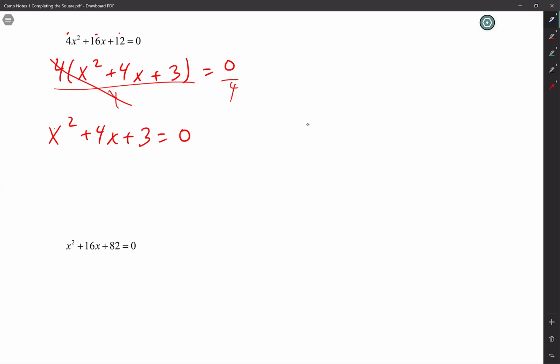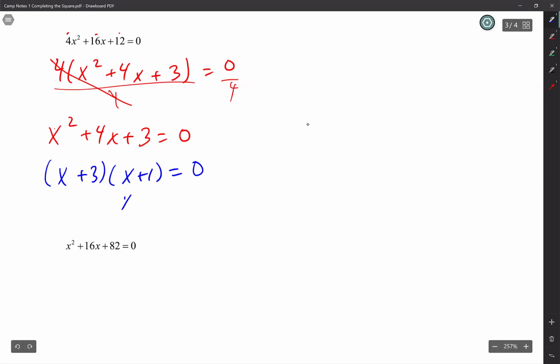Two numbers that multiply to give you 3 and add up to 4: (x plus 3)(x plus 1). 3 times 1 is 3, 3 plus 1 is 4, all that equals 0. The only way this expression is going to be 0 is if x equals negative 1 or x equals negative 3. So you're right, 100%, I would not use complete the square for this one, but because I typed this into the complete the square notes, let's go ahead and complete the square.